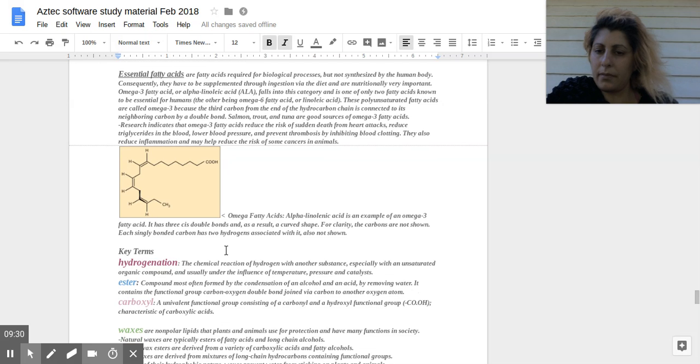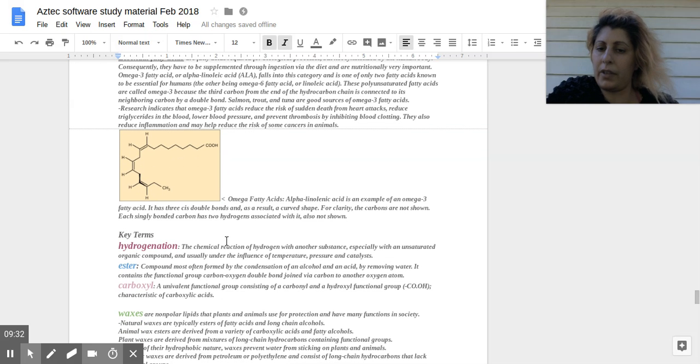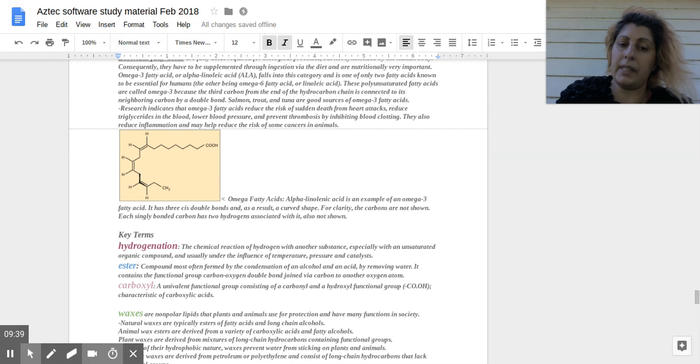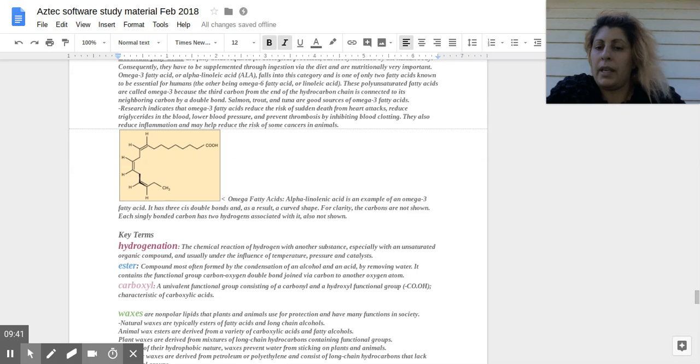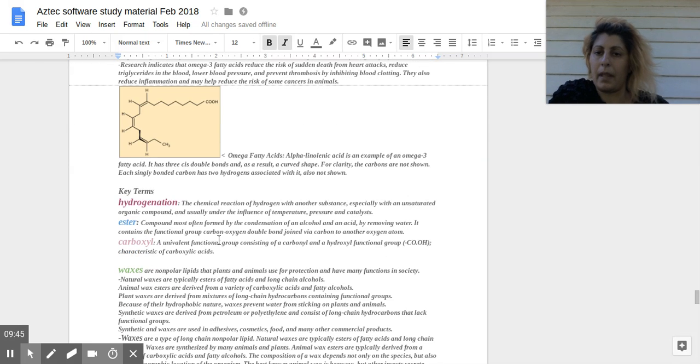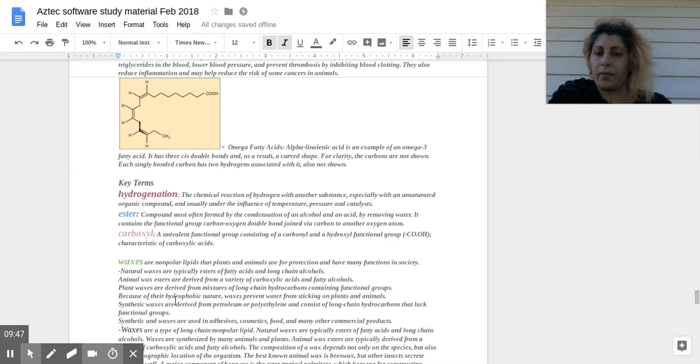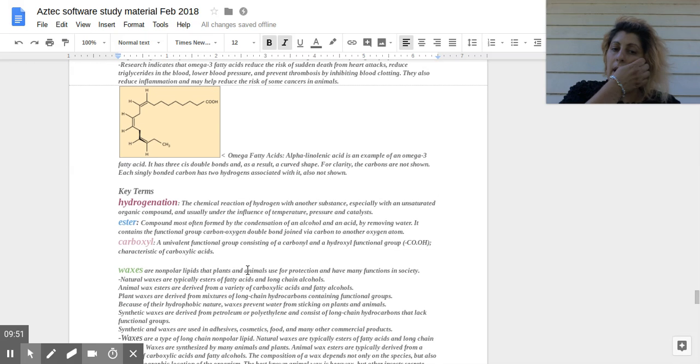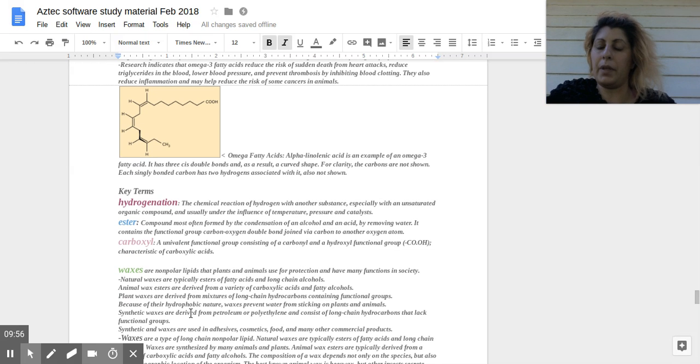Carboxyl is a univalent functional group consisting of a carbonyl and a hydroxyl functional group, so a CO and an OH, characteristic of carboxylic acids. So COOH is a carboxyl. So ester: carbon, one oxygen single, one oxygen double.